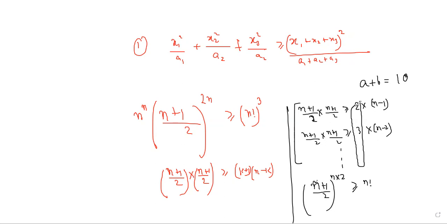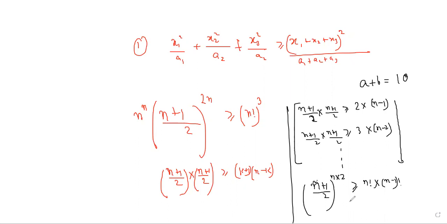And if you look at n minus 1, n minus 2, and so on, this will give you n minus 1 factorial, because it's starting with n minus 1. That's a minor thing.